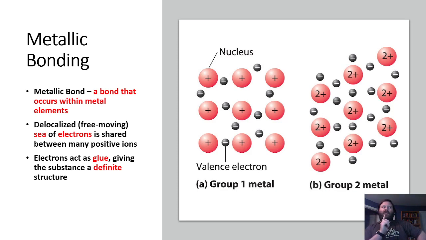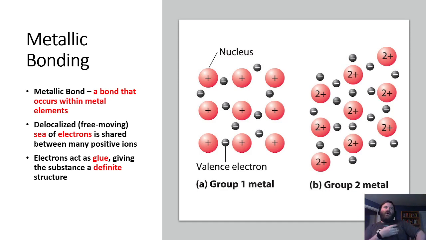So when we talk about metallic bonding, we're talking about the bonds between atoms of the same element. We're not going to be talking about something where aluminum is bonding to copper or gold is bonding to silver. We're talking about gold bonding to gold or aluminum bonding to aluminum. It's just one atom bonding to other atoms of the same element.